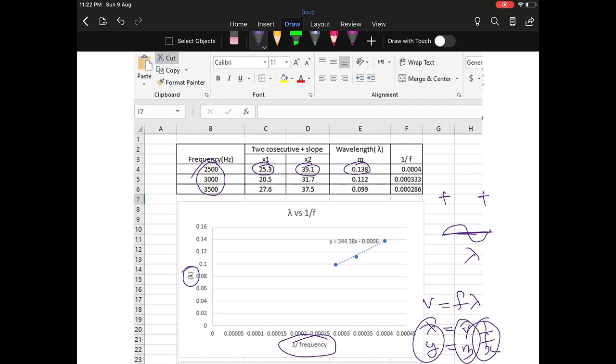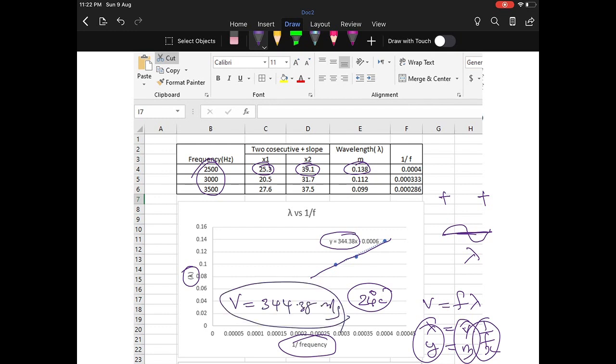The slope m represents the velocity of sound through that medium, the air. The room temperature is 24 degrees Celsius. The experimental value of velocity of sound is 344.38 meter per second. We get it experimentally.